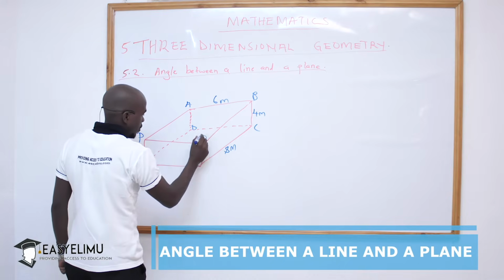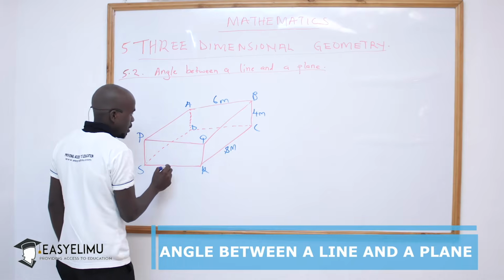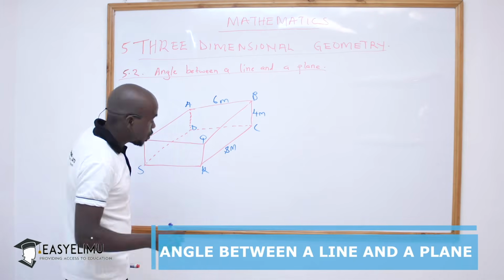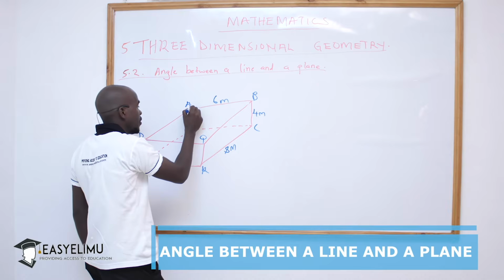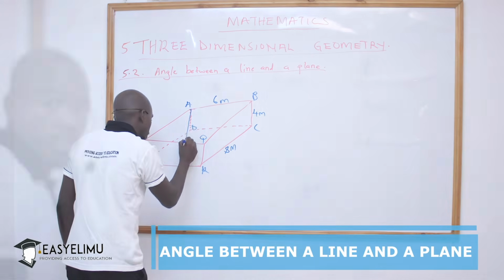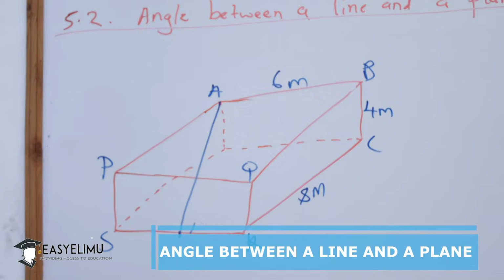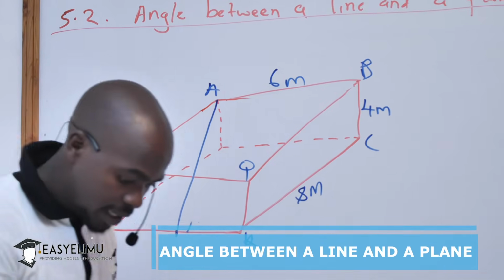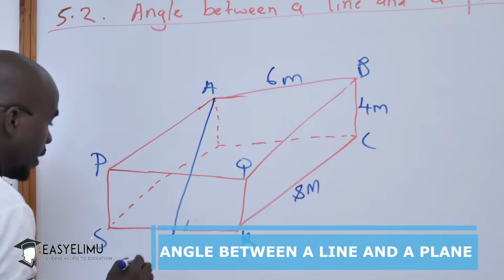PS, Q, R. And here we have also another line running from this point to the middle. We have that line, and it cuts SR at T.